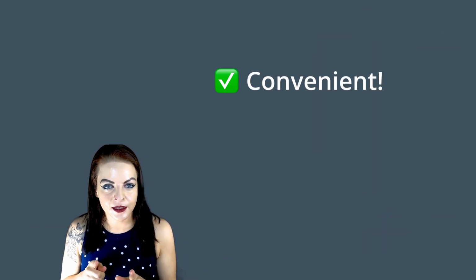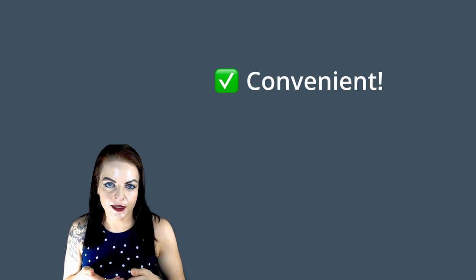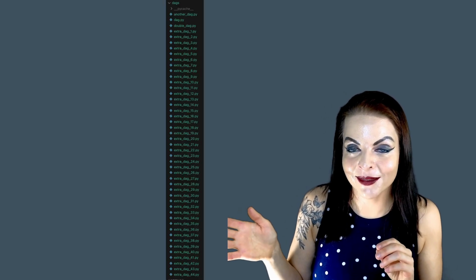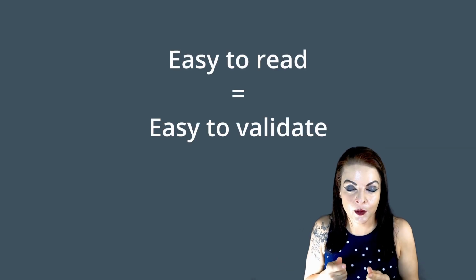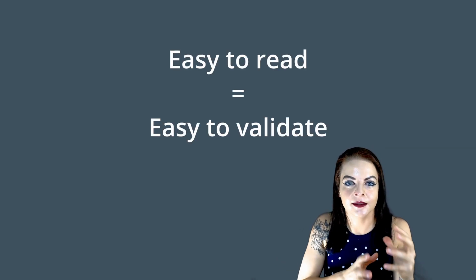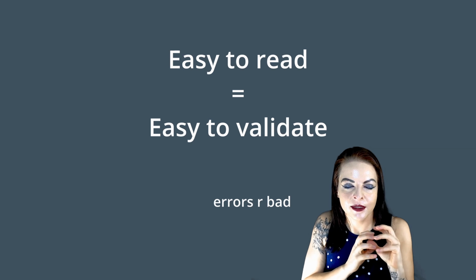Not only is that convenient, but it also reduces the possibility of human error. Is it foolproof? No. Is it a lot better than manually updating over 100 different Python scripts? Yes, it's a lot better. Another advantage of using these really easy to read configuration YAML files, it's really straightforward to validate that the content of those configuration YAMLs is correct.